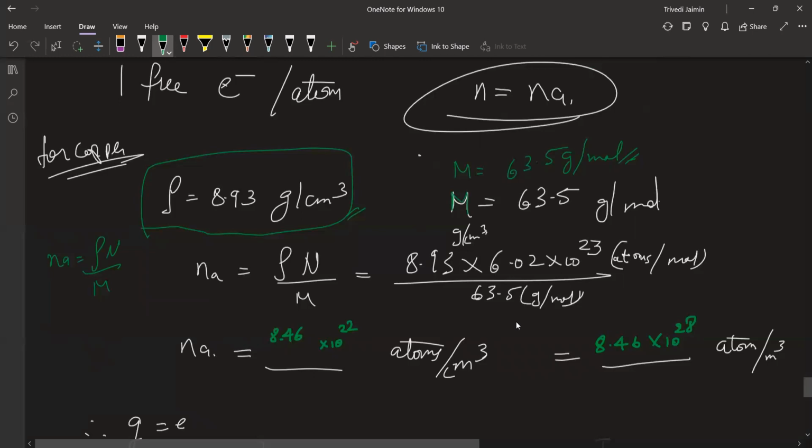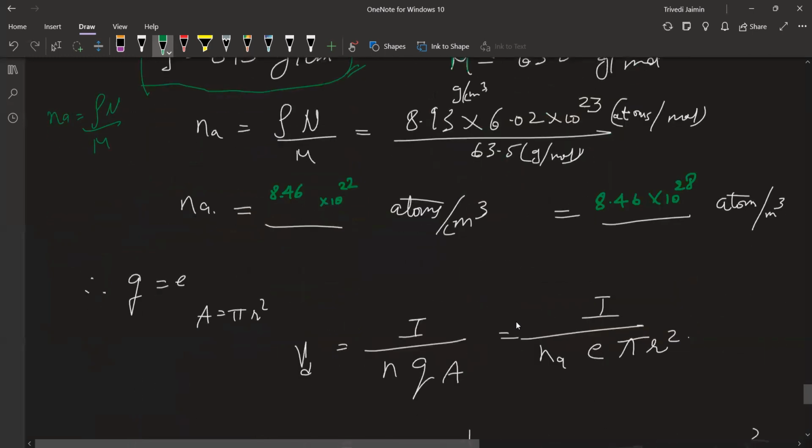So we can find this Na value. Now Q equals Ne, as we have 1 electron, so Q equals e. And area A is pi r squared. So with Na, Q as e, and A as pi r squared, we can find VD by substituting all these values.